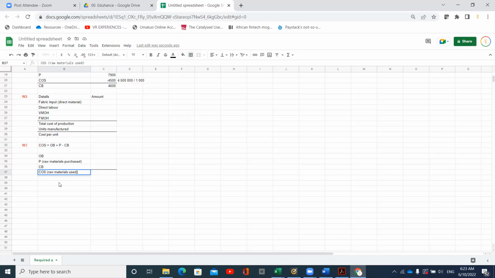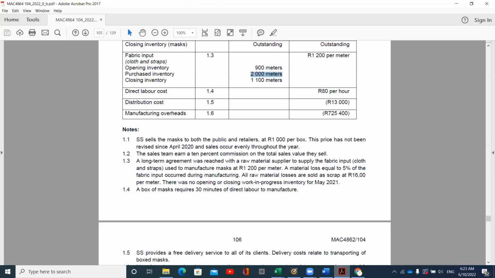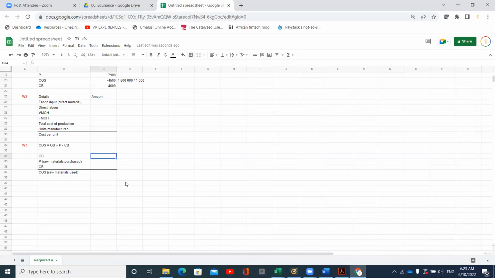Okay, so that is what we want. So we know the opening was, I can't remember, so it was 900, 2000 and minus 1100. So now we can work out what is the raw materials used.